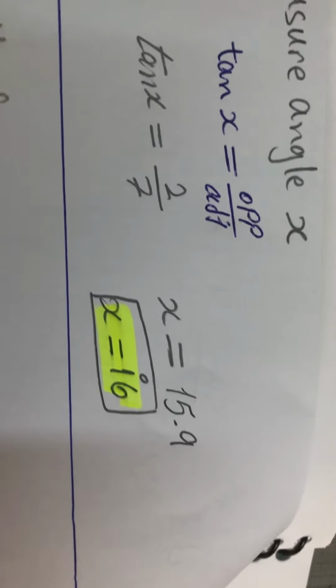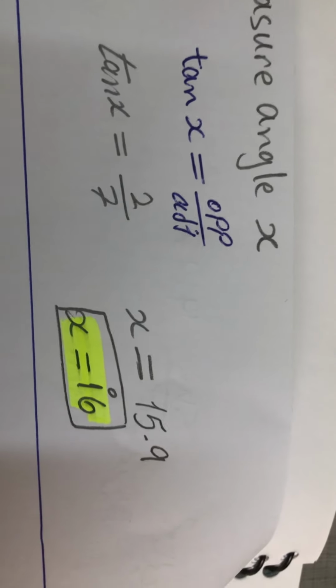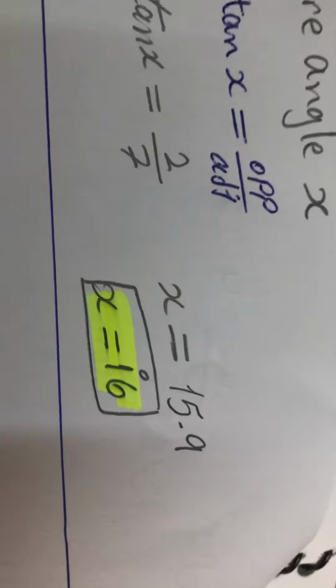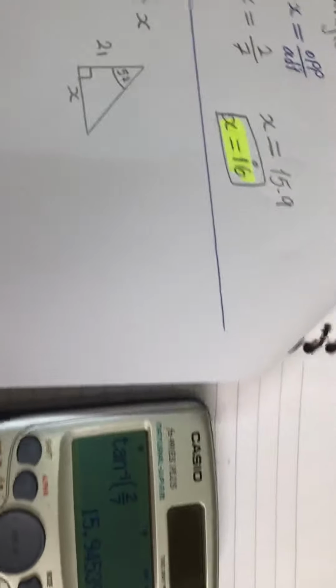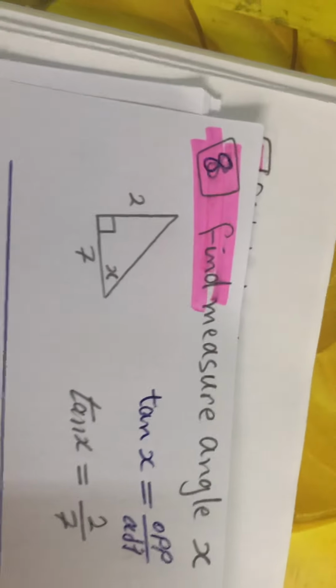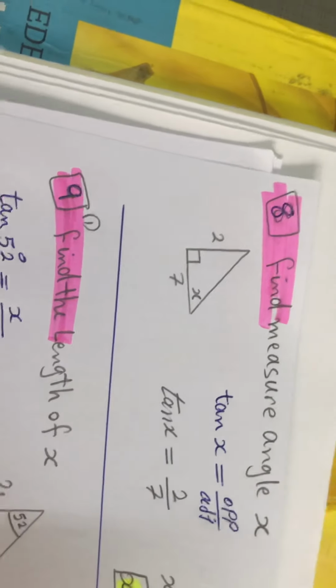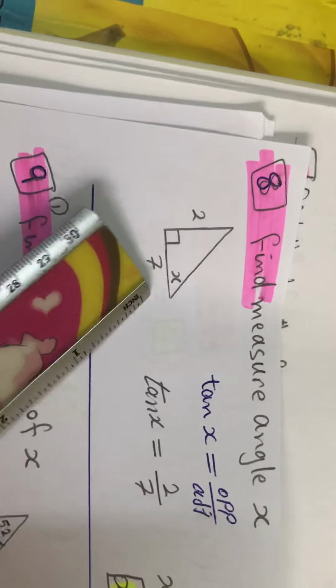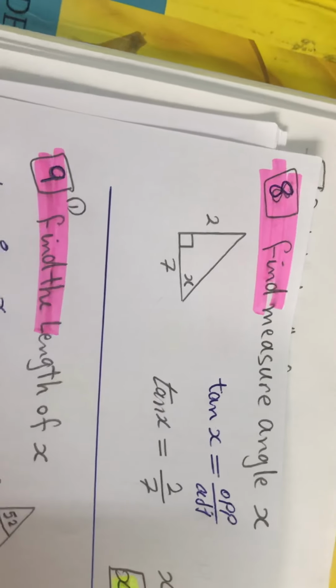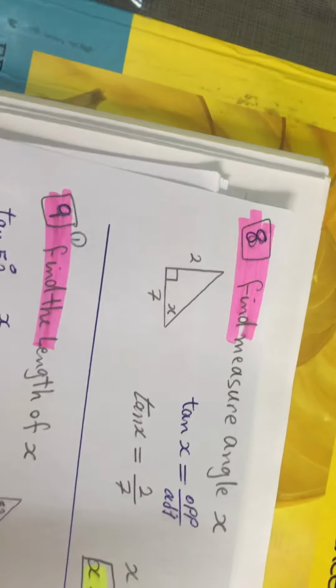Because maybe if I give it to you in the form of multiple choice, I give a whole number for the measure of the angle. So again, to find the measure of the angle, the opposite is 2 and the adjacent is 7. So we can put it in a ratio.